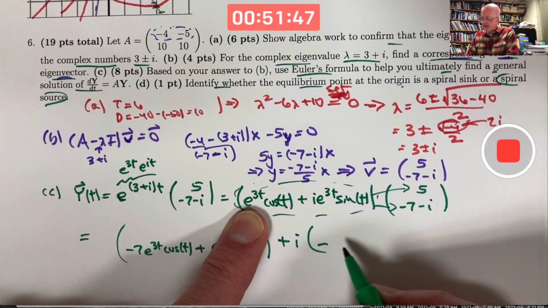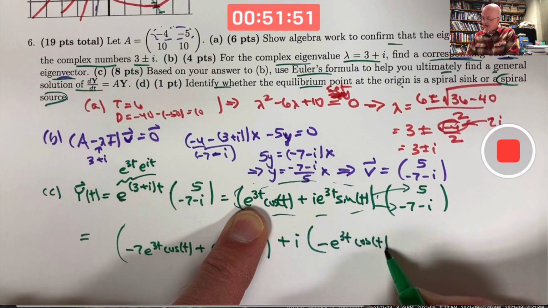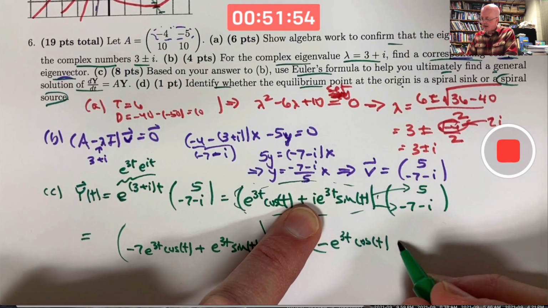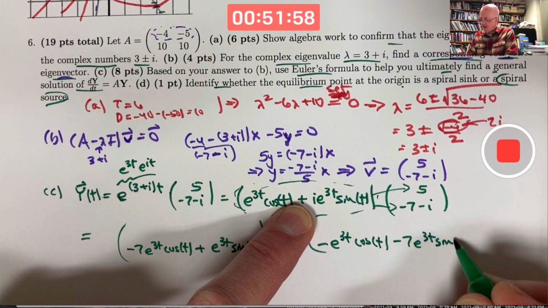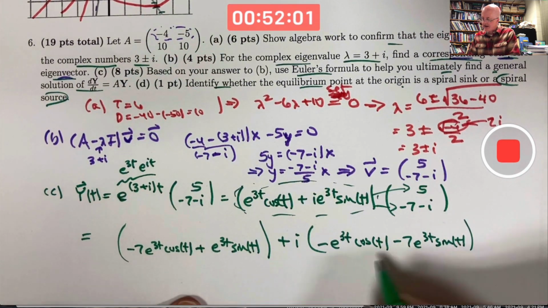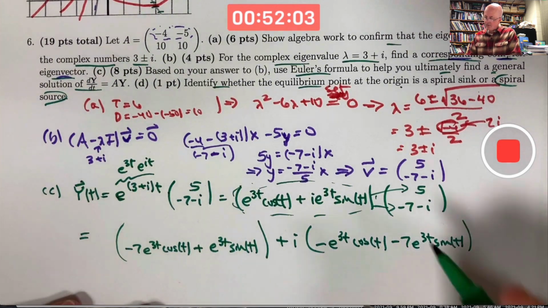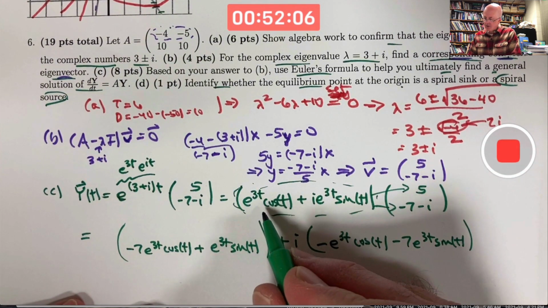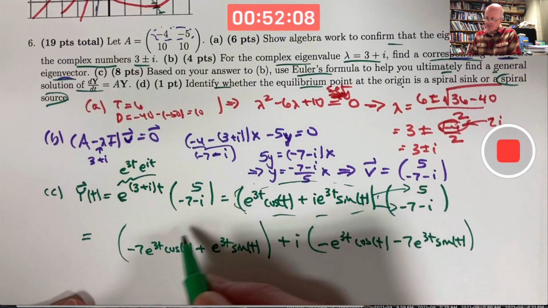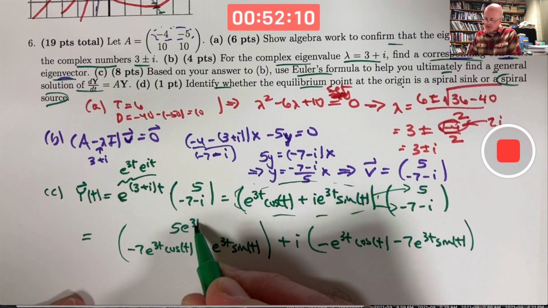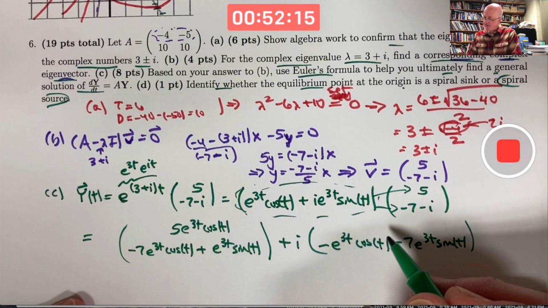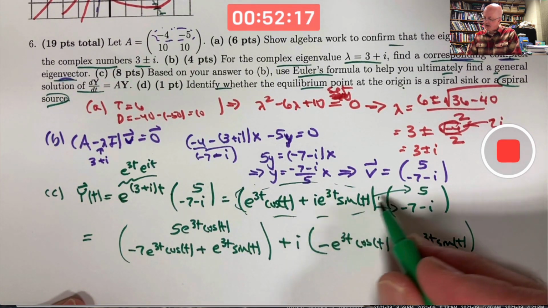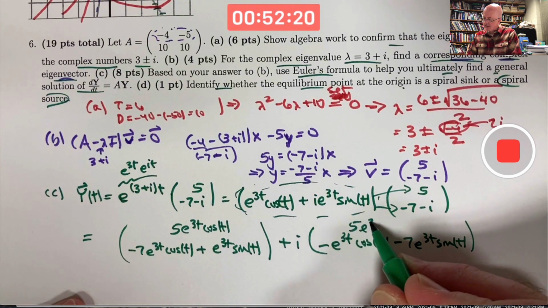I already have the i here, so I get negative e to the 3t cos t. And inside times inside is going to give -7 e to the 3t sine t. And I already factored the i out, so I don't need an i inside there. With multiplying by the 5, the real part with no i comes from just this times 5, so you get 5 e to the 3t cos t. And for the imaginary part, factoring out the i, I get 5 e to the 3t sine t.